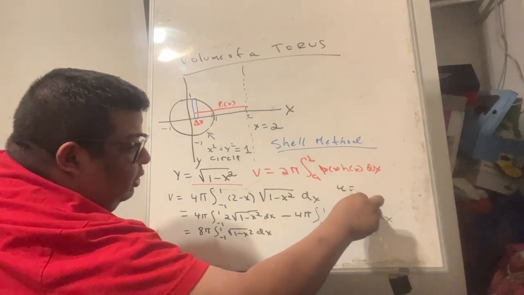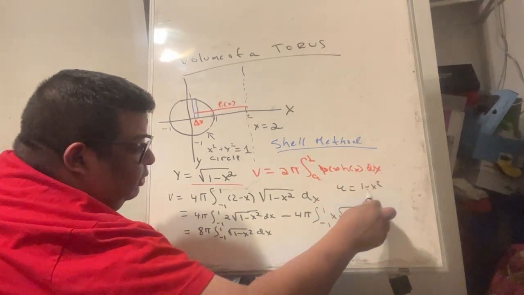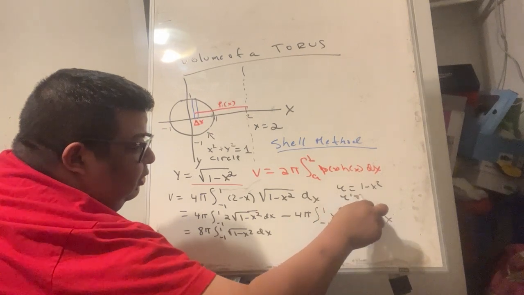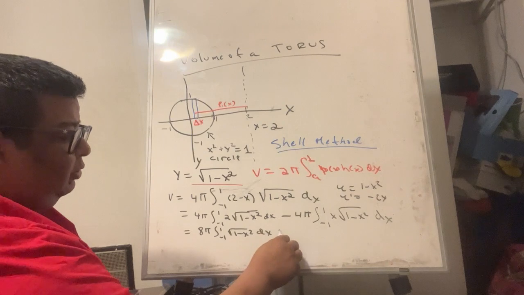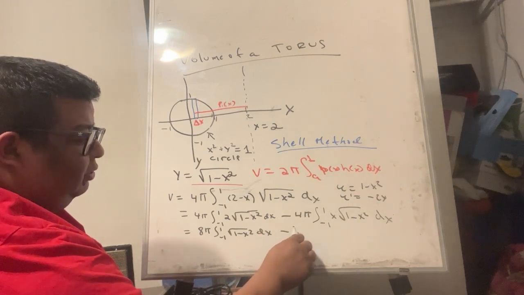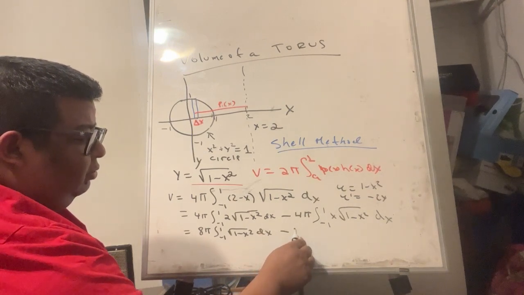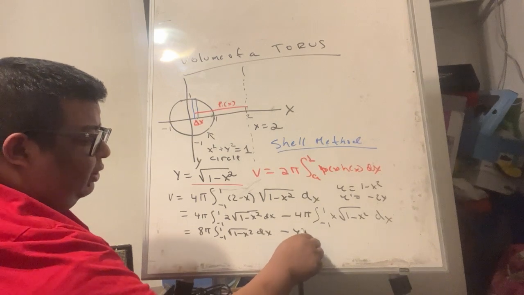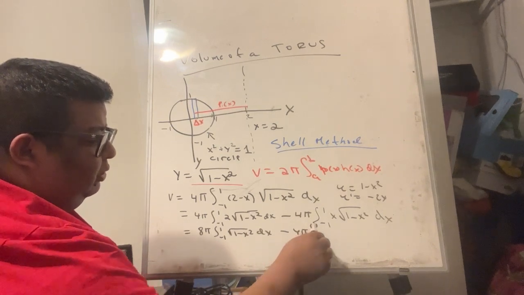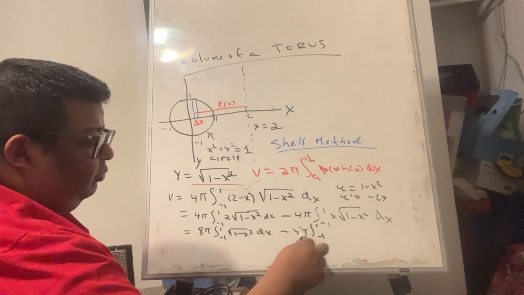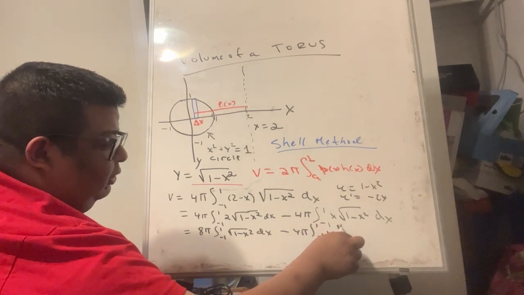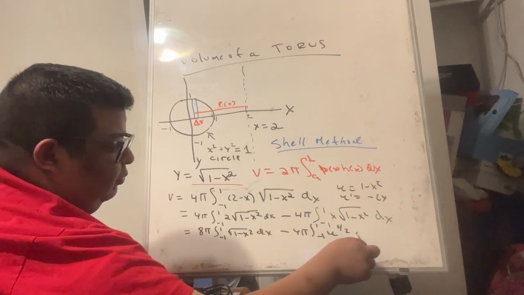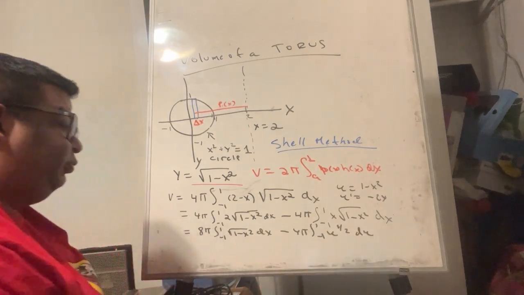That will be u equal to 1 minus x squared and u prime equal to minus 2x. So then this becomes minus 4 pi, -1 to 1 of square root of u times 1/2 du.